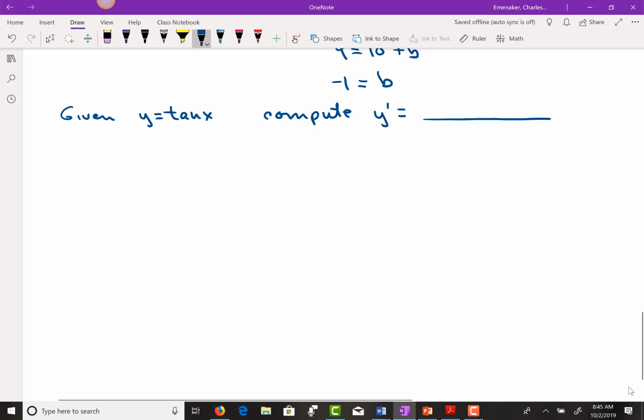Oh, yeah, that's just a quotient rule. It's a quotient rule with one sneaky, well, two sneaky moves, if you want to call it. Rewriting this as sine of x over cosine of x, right? That's the first move. It's kind of like chess. What's your first move? Rewrite it as sine and cosine. Now you've got a fraction, which means you're going to use which rule to compute the derivative? Begins with a Q. Quotient rule.